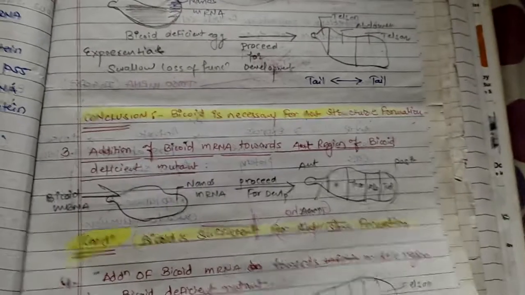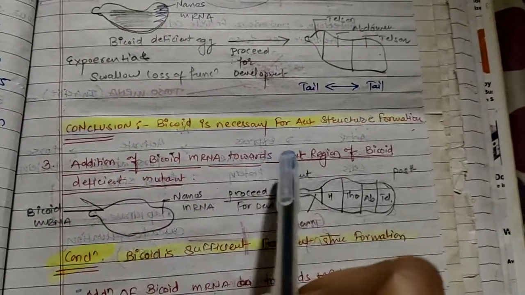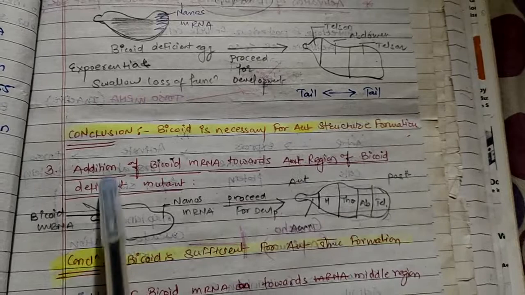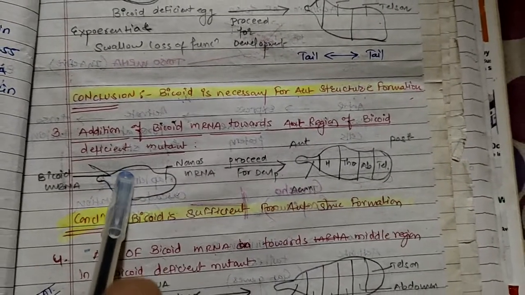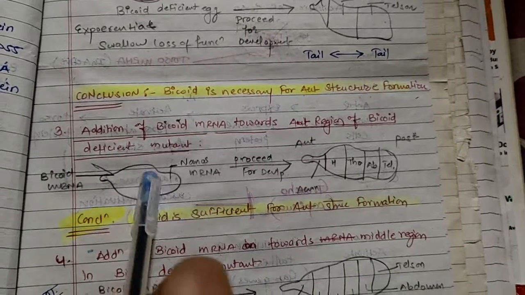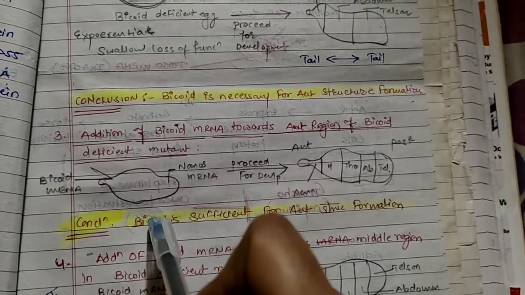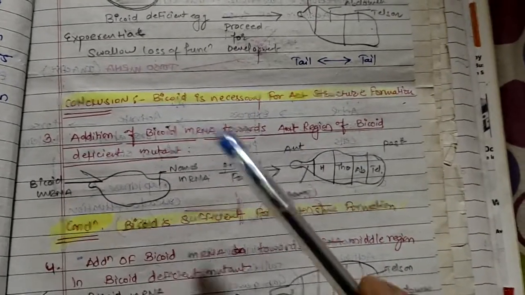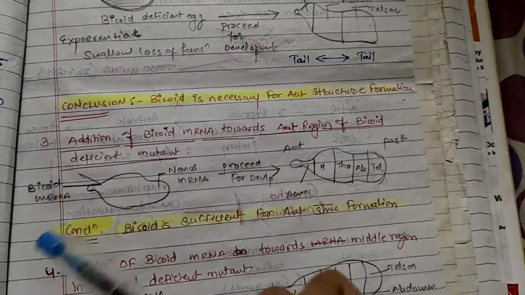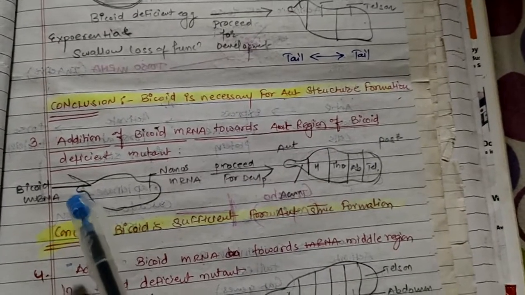Now in the third condition, addition of bicoid mRNA towards the anterior region of a bicoid deficient mutant. So it already doesn't have bicoid, and we have added the bicoid mRNA towards the anterior region. Then what will happen?